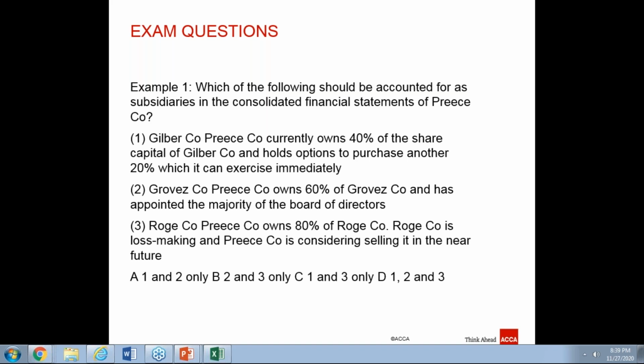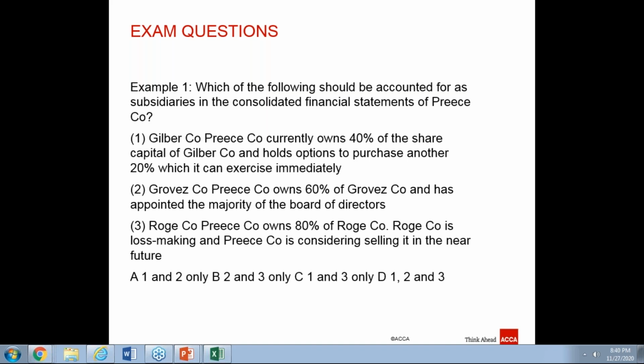Second is Groves Company. Preece Company owns 60% of Groves Company and has appointed a majority of directors to the board of directors. Roach Company. Preece Company owns 80% of Roach Company and Roach is loss making. Preece is considering selling it in the near future.